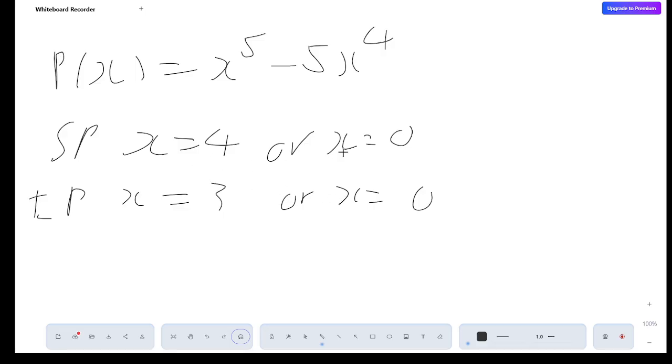So now that we have found our stationary point coordinates, we can just draw the coordinate axes, simple enough, and use our x-intercepts first. First, you have to label the x-intercepts, which we can just factor again, x^4(x minus 5) for reference. So our x-intercepts will be at 0 and 5.